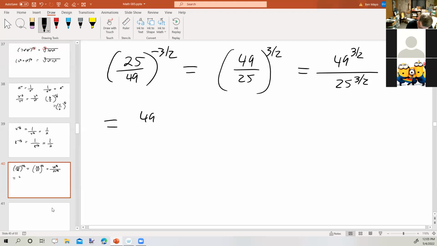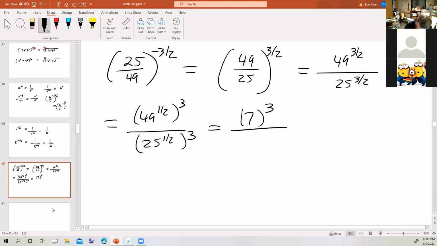I could do the root first and then the power in both the numerator and the denominator. So I'm pulling apart the 3/2, making it 1/2 times 3. But the square root, or the 1/2 power of 49, is 7. 7 cubed is, I believe it's 243.